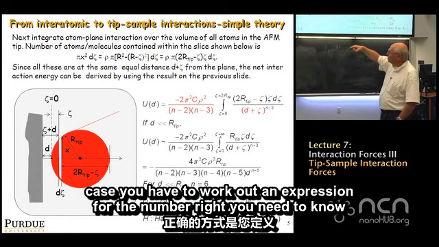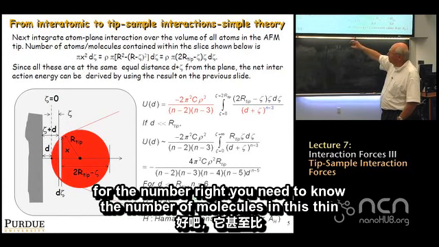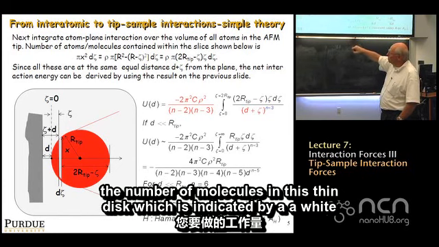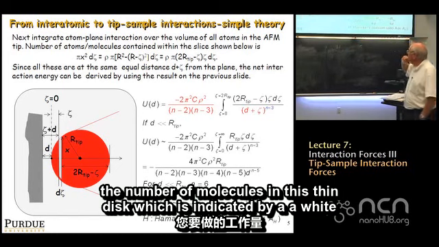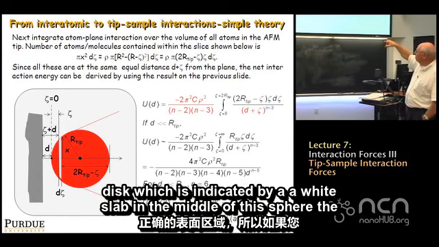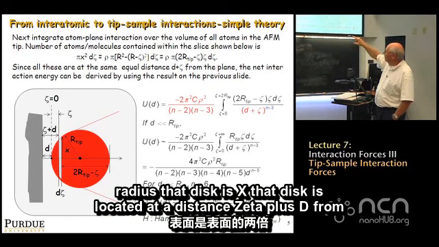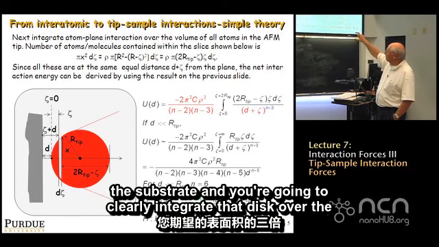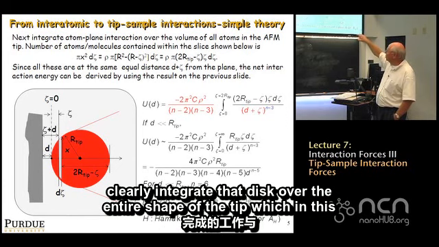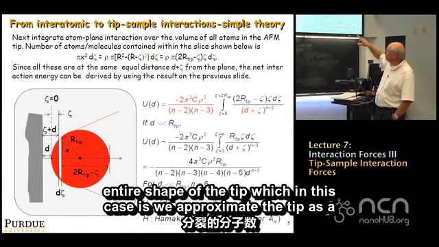You need to know the number of molecules in this thin disk, the white slab in the middle of the sphere. The radius of that disk is x, it's located at a distance zeta plus d from the substrate, and you integrate that disk over the entire shape of the tip, which we approximate as a sphere.